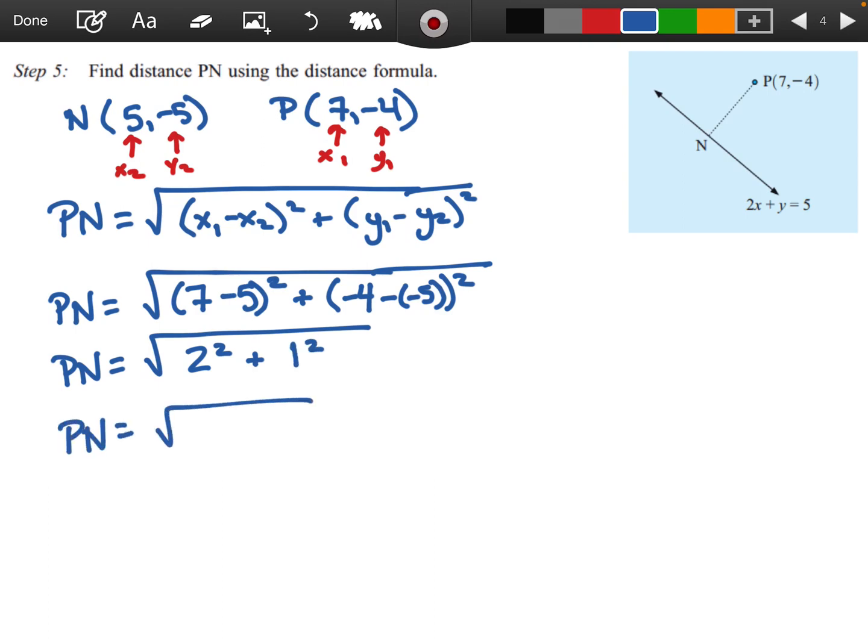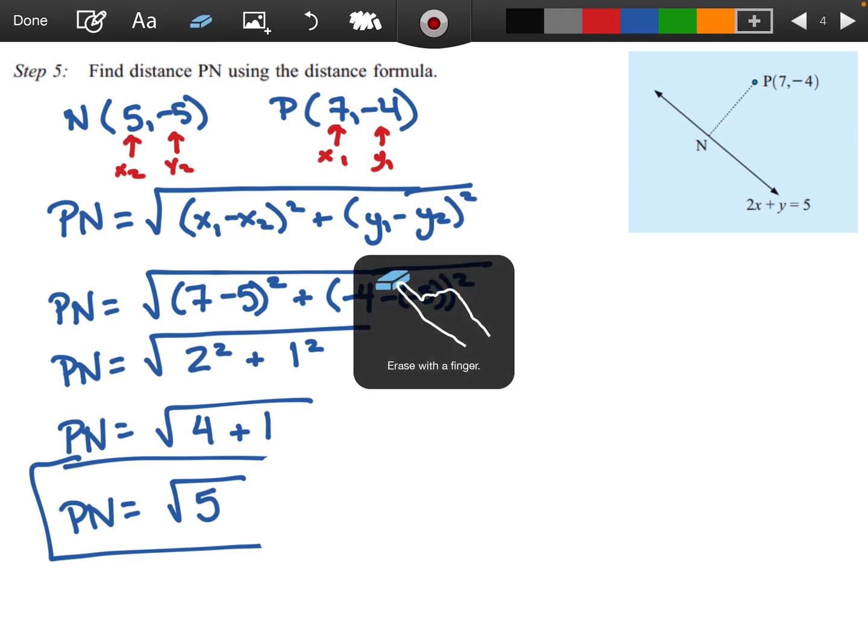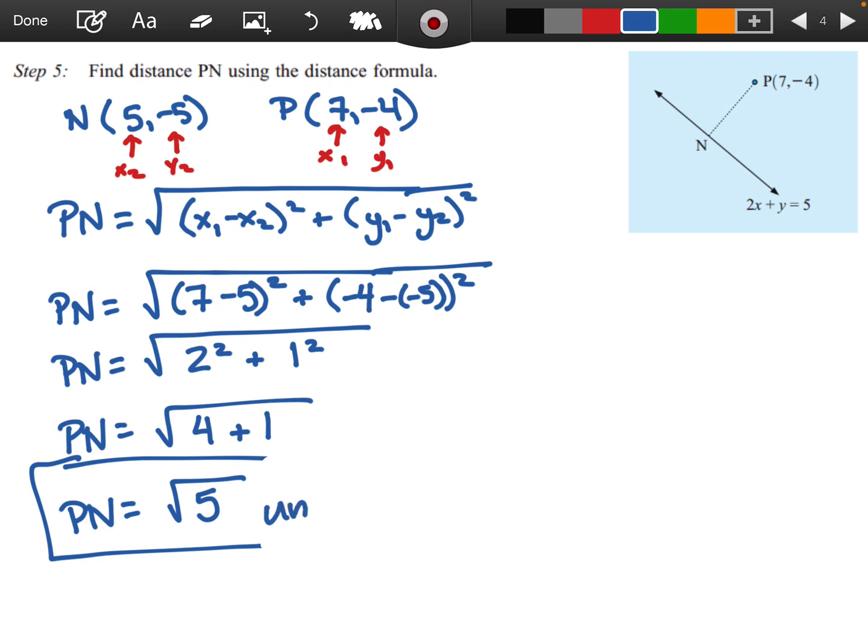So Pn root 4 plus 1, and we get Pn as root 5. On this, you would not go to a decimal unless you were specifically asked, and I can't even think of a time when you would be specifically asked. So the distance between point P and N, so the shortest distance between a point and this original line is root 5, and if you want to, you can throw in units.